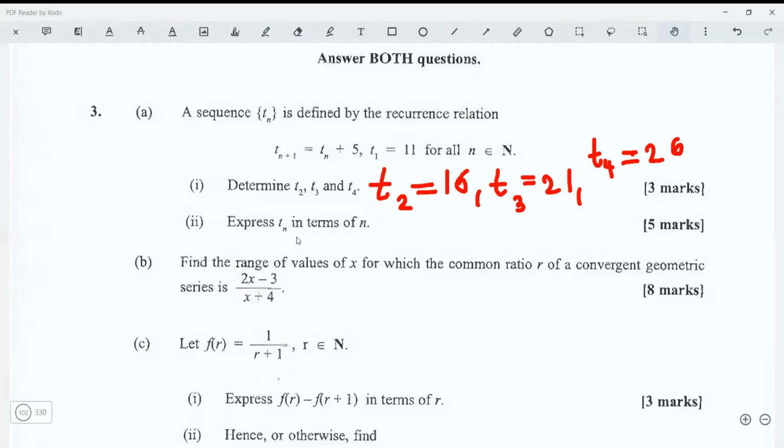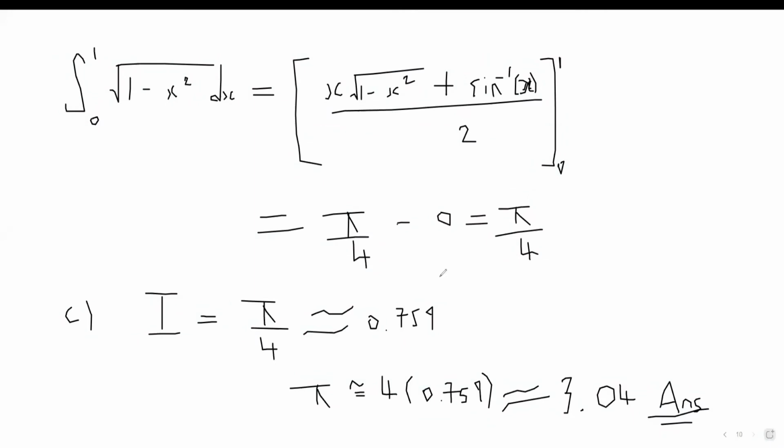Now it says, find an expression for Tn. So let's find the expression for Tn.